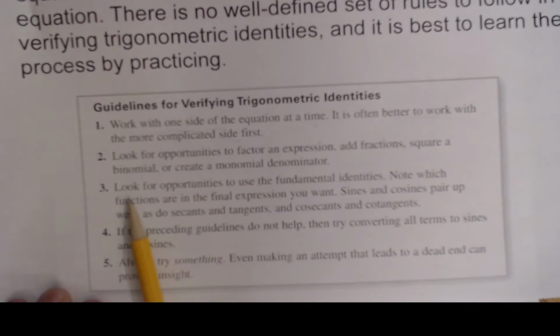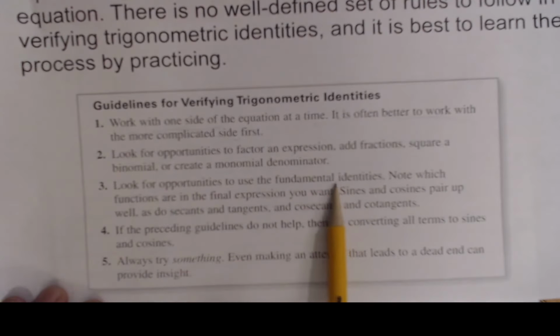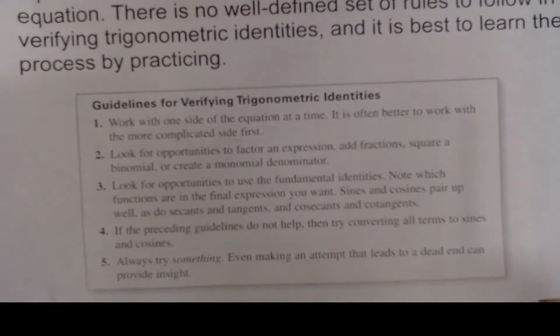Number 3, look for opportunities to use the fundamental identities. As much as possible, check the problem against your fundamental identities. These are the fundamental identities. If they look familiar, then go that route.